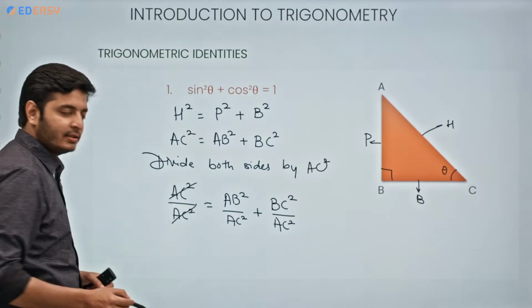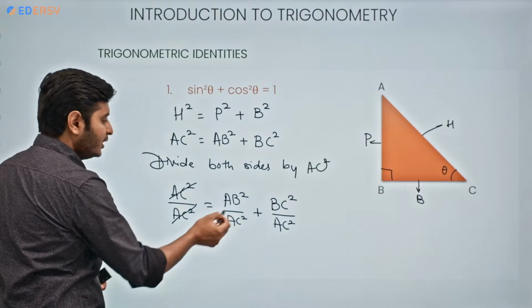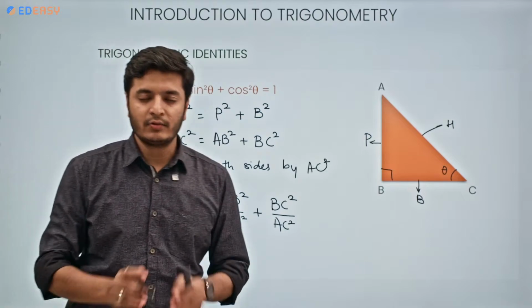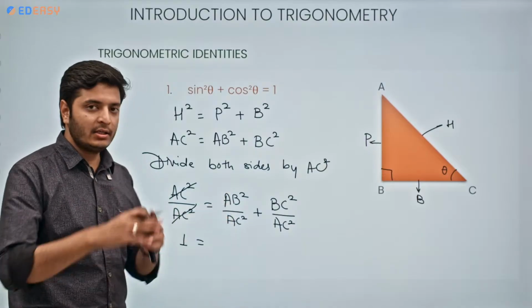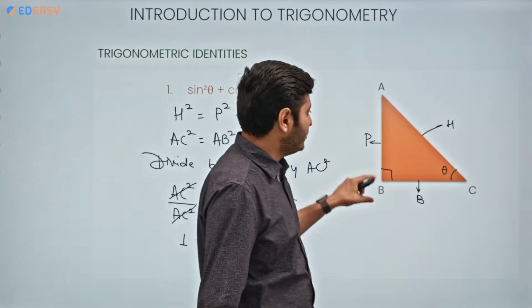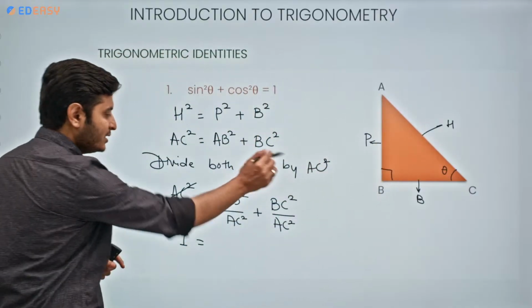These two are going to cancel each other. So what are we left with here? 1 is equal to AB square by AC square. We can take the square common, no? So it will become AB by AC whole square. What is AB by AC? AB is the perpendicular, AC is the hypotenuse. It is basically sine theta.